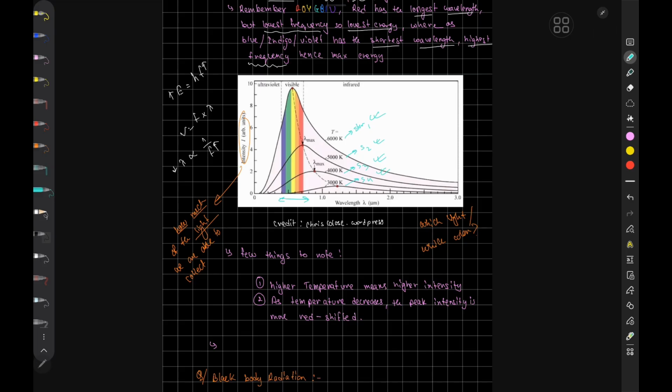Typically we're speaking about stars, so let's say you have star 1 and you're collecting light from it. What you see is there's a peak at around yellow. That is, from star 1 I receive most of my light in the yellow frequency.